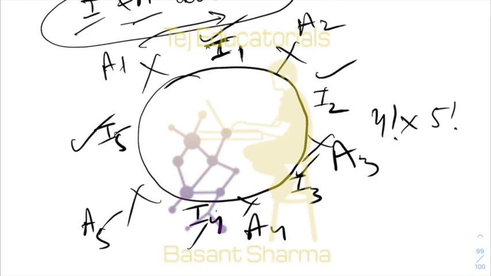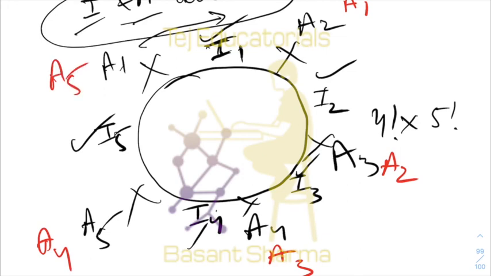This is different from A1, A2, A3, A4, A5. You can clearly see that, because in the first case A1 has neighbors I1 and I5, whereas in the red arrangement A1 has neighbors I1 and I2. So they are clearly different cases. So the answer is 5 factorial into 4 factorial.